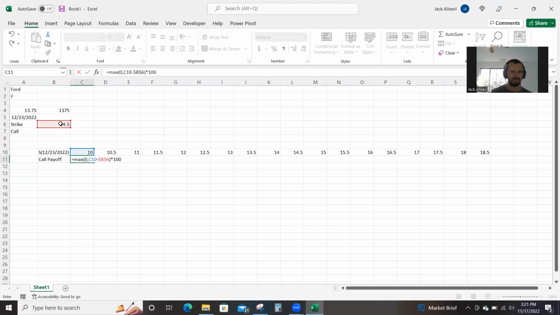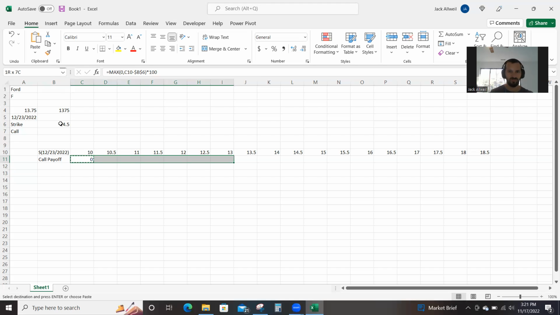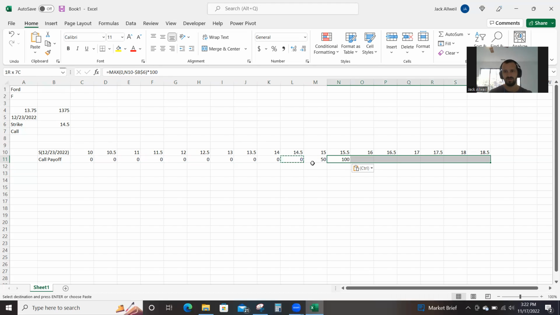Since it's 100 shares, times 100. So see how before we get to 14.50, it's all 0. Because if the stock, for instance, was at 14, well, we would just buy it at 14. We wouldn't want to buy it at 14.50. So then you can see it's going up.